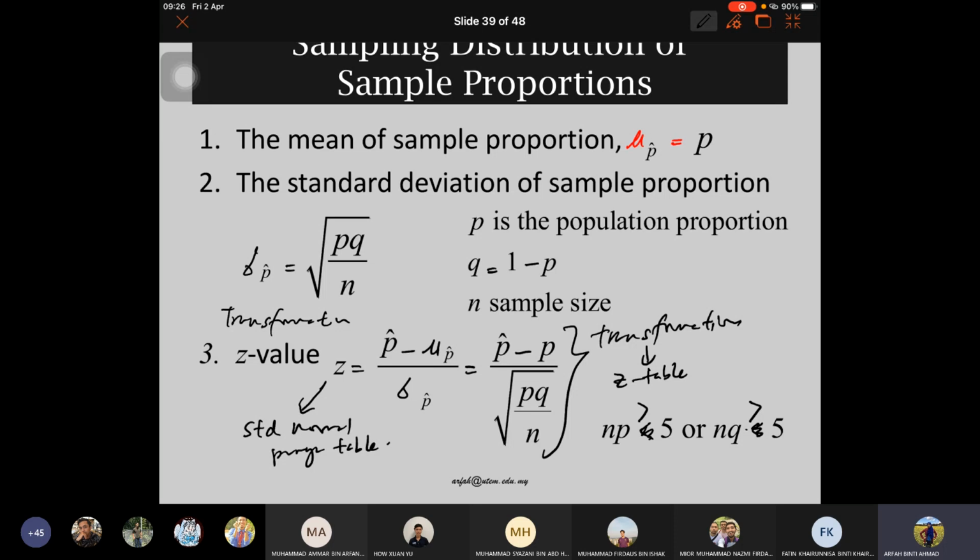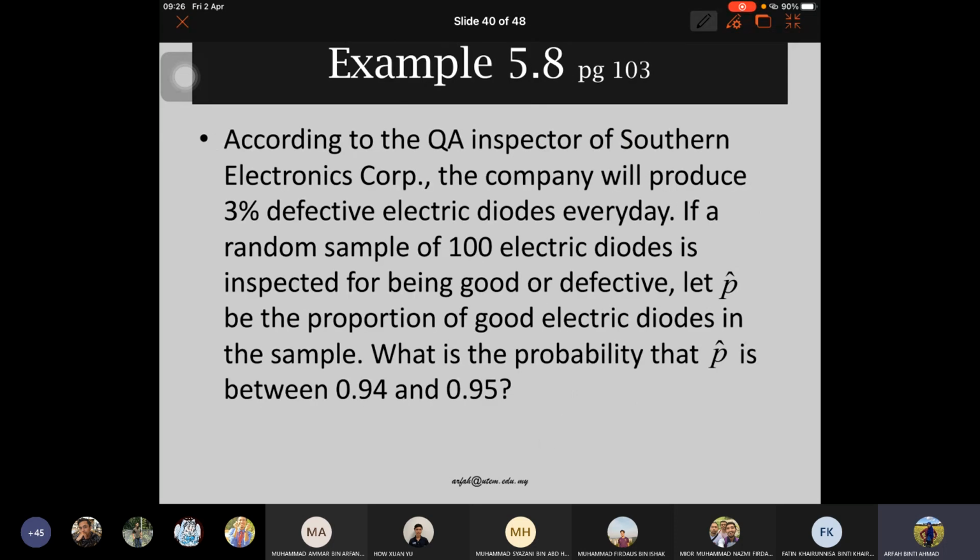So take a look at example 5.8. According to a QA inspector of a certain electronic corporation, the company will produce 3% defective electric diodes. If a random sample of 100 electric diodes is inspected for being good or defective, let P hat be the proportion of good electric diodes in the sample.